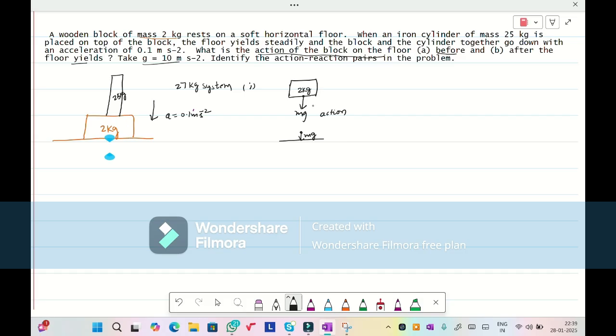This mg is the gravitational force on the block. So that is action. Now this is the gravitational force on the floor by the block, not on the block, on the floor, is reaction.